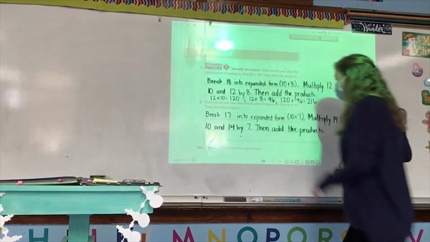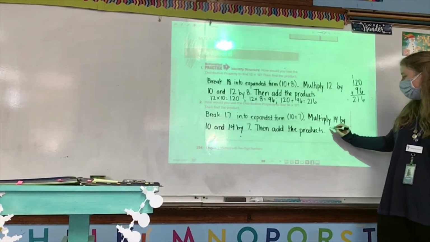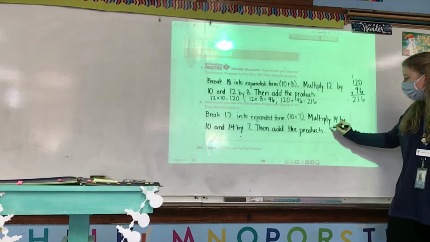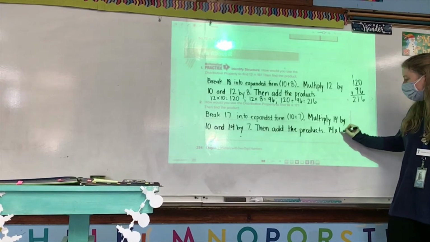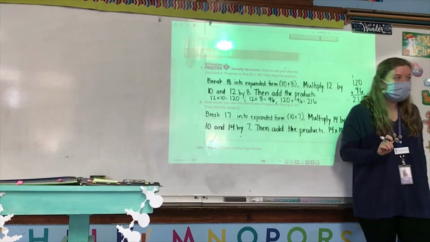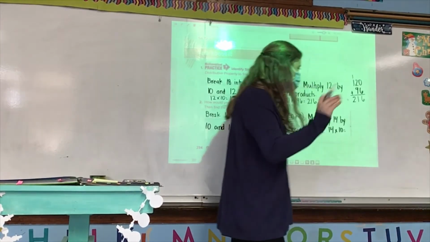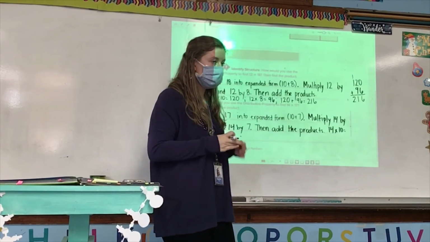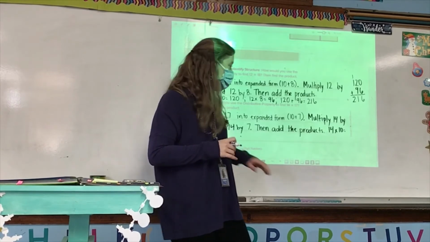So, first we have to do, just like up here where first we did 12 times 10, we have to do 14 times 10. Well, 14 times 10, we can tell right away is going to be what? Remember?